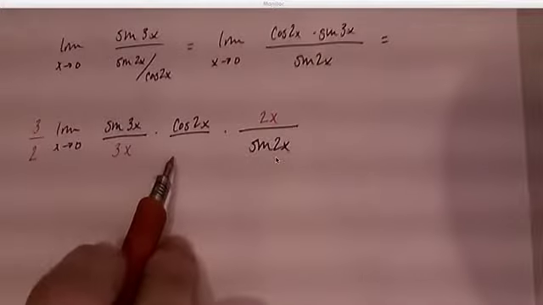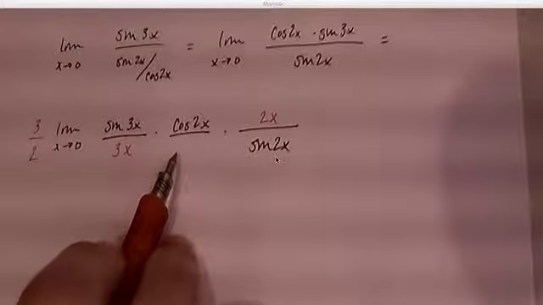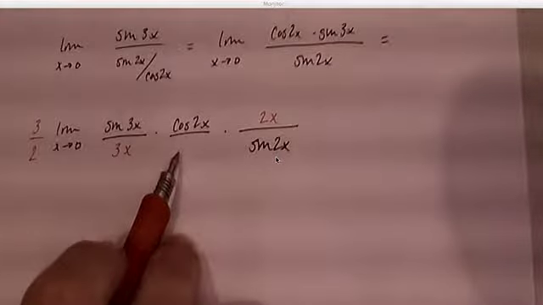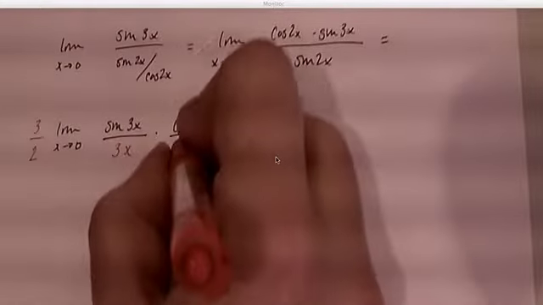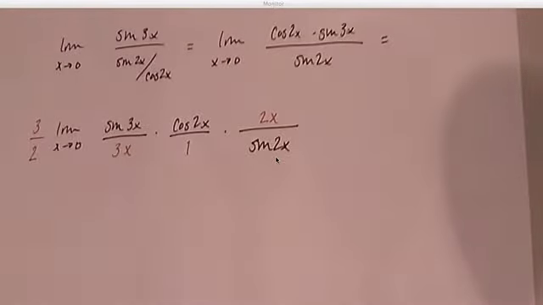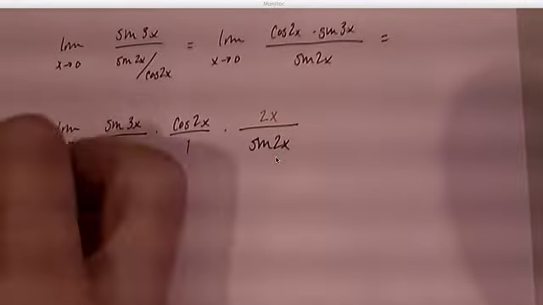Now the question is, what do I do with cosine 2x? And the answer is nothing. As a factor, that is capable of being evaluated just by plugging in, and therefore I don't do anything with it. Now, remember when I told you that the limit of a product is equal to the product of the limits?